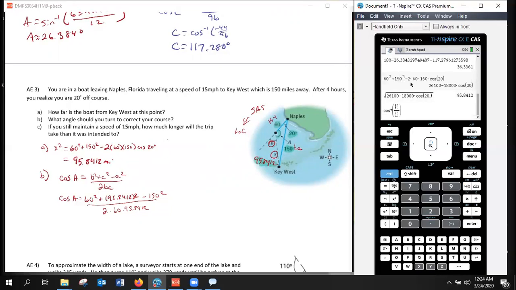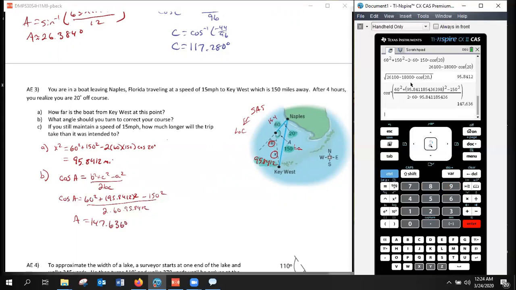So the inverse cosine of 60 squared, and then plus, I'm going to hit that squared, minus 150 squared, all over 2 times 60 times, now if I scroll up, it might not hit it exactly, so let me do 95.841185436, that should be enough. And that gives me a 147.636 degree angle.